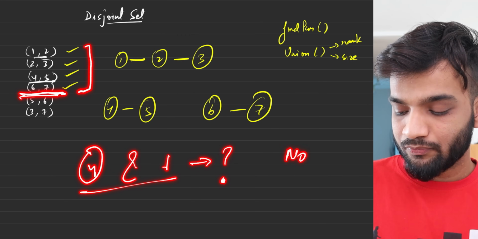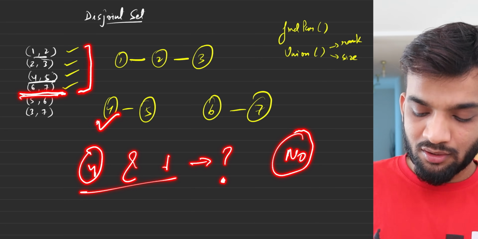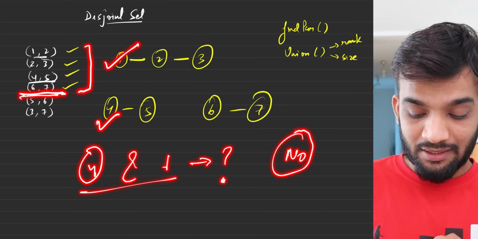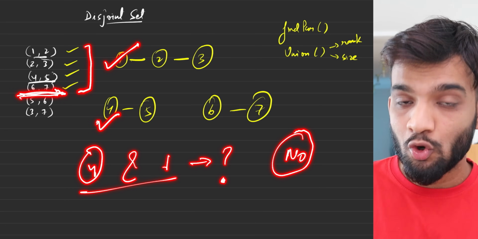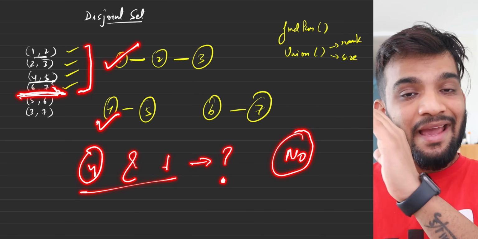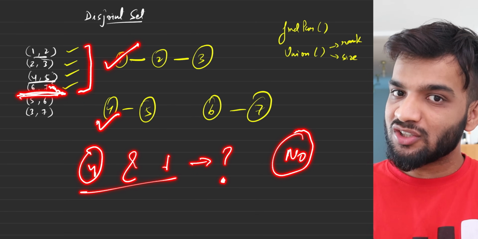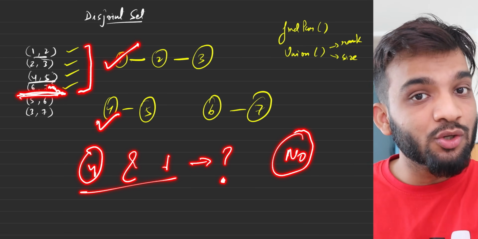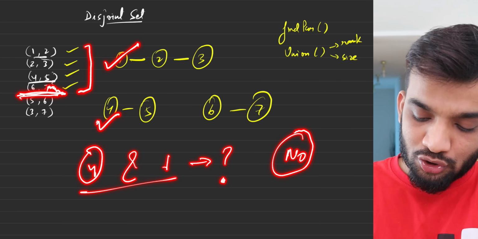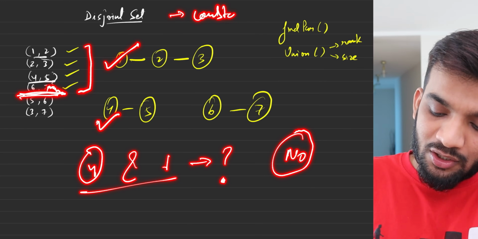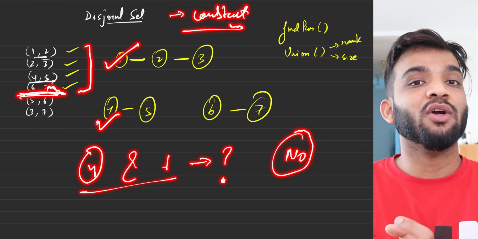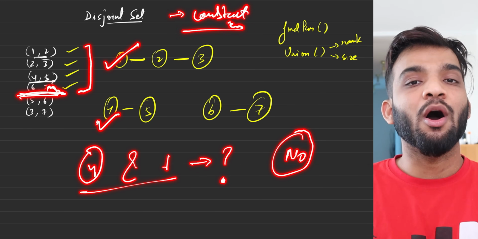You will say no. Why? Because 4 as of now is here, 1 as of now is here. Till this point, they are not in the same component. So the answer will be no. So in any stage, someone might come up and ask you because the graph is changing at every step. But I can ask you a question at any step and you should be able to answer that in constant time. That is what disjoint set will do. And I'll explain you how it does.